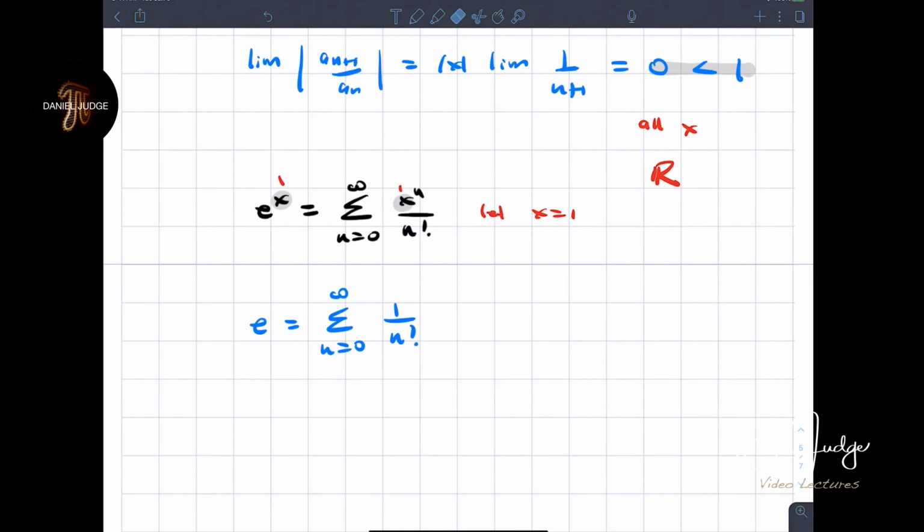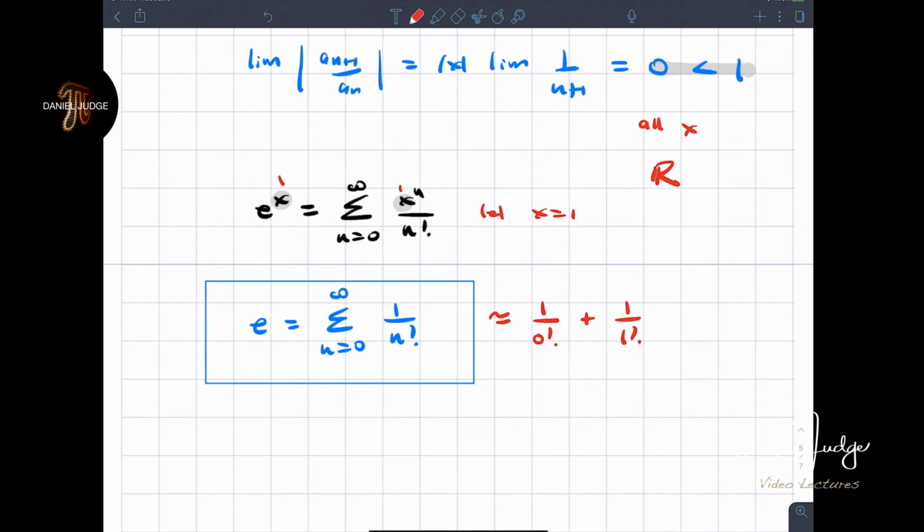So we can actually use a power series to determine the exact value of e. Okay, and we can even approximate e to different place values. I might even say something like, oh, if you let n be 4, this is an approximation to e. 1 over 0 factorial plus 1 over 1 factorial plus 1 over 2 factorial.